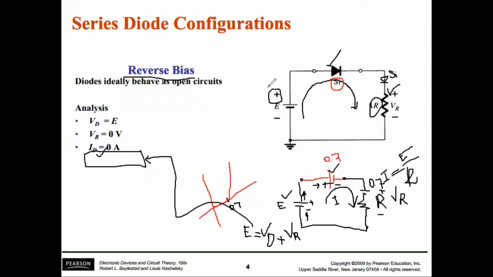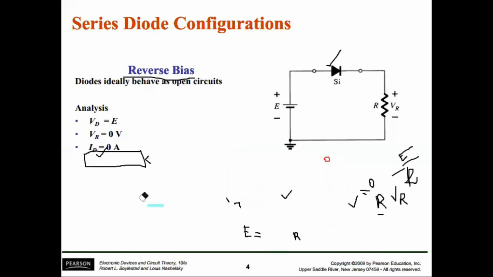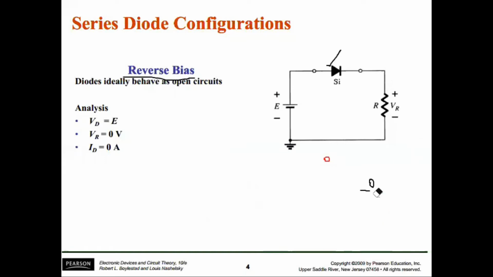Okay, if we have a configuration where the diode is reverse biased, then for reverse bias, the anode of the diode will be connected with the negative terminal of a voltage source, and the cathode will be connected with the positive terminal.